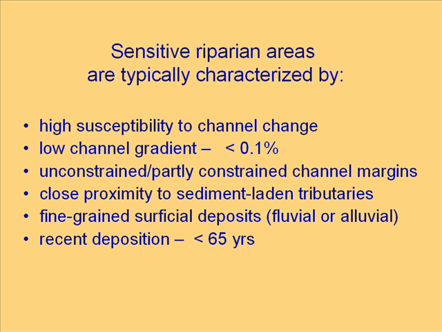And these are characterized by areas where there's been a lot of historic channel change, very low gradient systems, less than a tenth of 1%, or translate that in perhaps more meaningful terms, about 1 foot per mile.